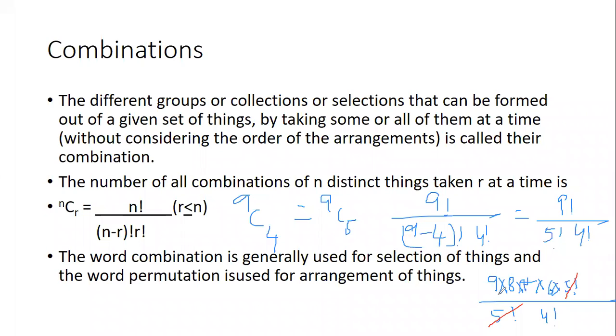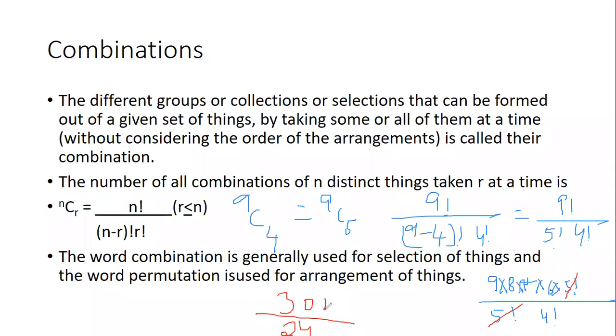How much is the value of 9 into 8 into 7 into 6? Can anybody calculate and tell me fast? 9 into 8 into 7 into 6 is 3024.